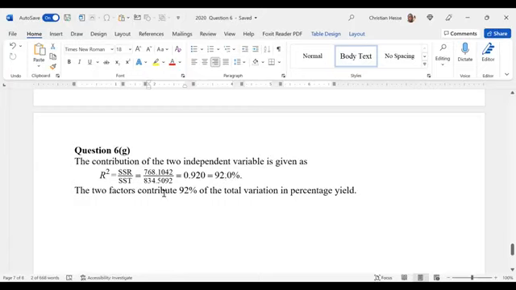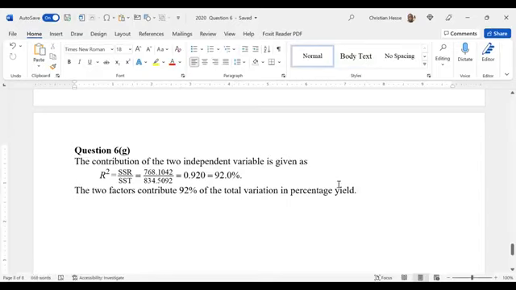So it means the two factors contribute 92% of the total variation in the percentage yield. So that is the answer for the gene. Suppose we bring another question, which is likely to be the case: find the contribution of other factors apart from X1 and X2. That will be 8%.